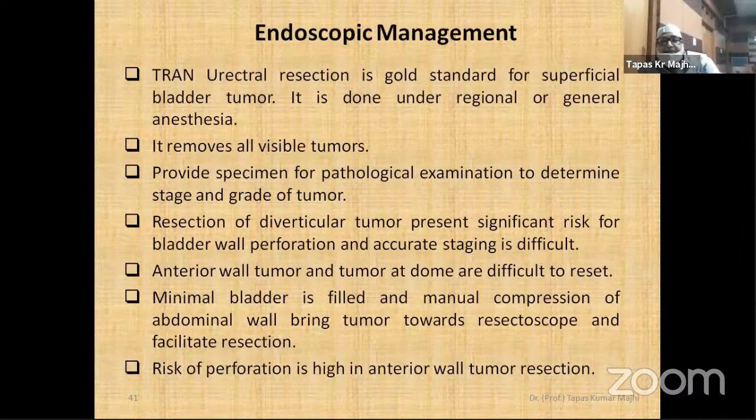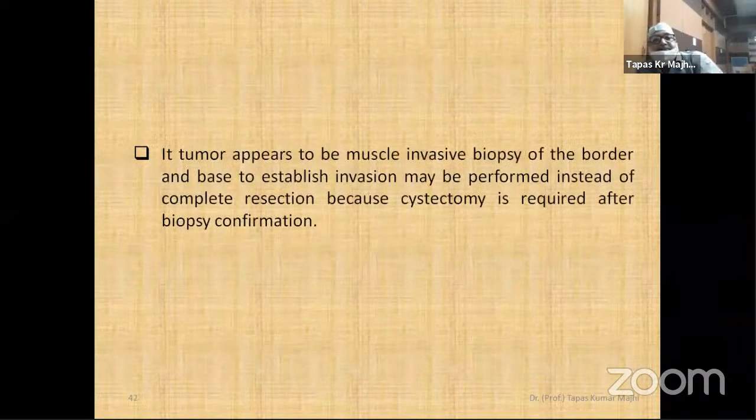Minimal bladder fill and manual compression of the abdominal wall are the technical steps required, which bring the tumor towards the resectoscope and facilitate resection. Nowadays, long resectoscopes with telescopes at different angles are available to manage this difficult type of tumor. Risk of perforation is high in anterior wall tumor resection.